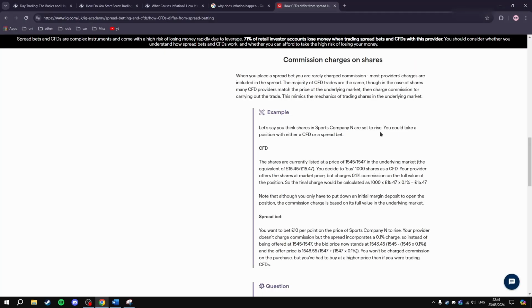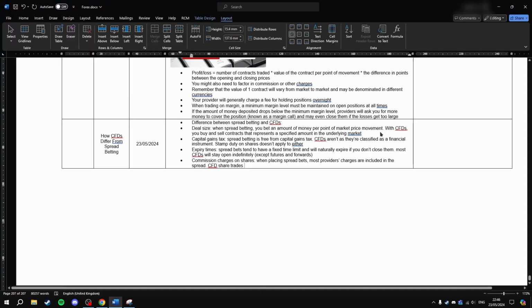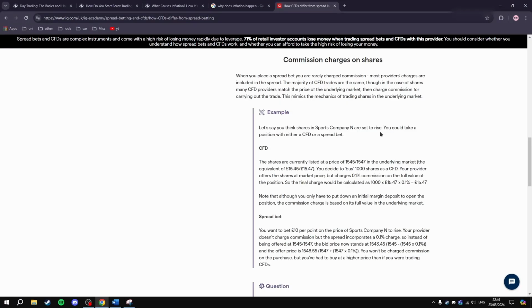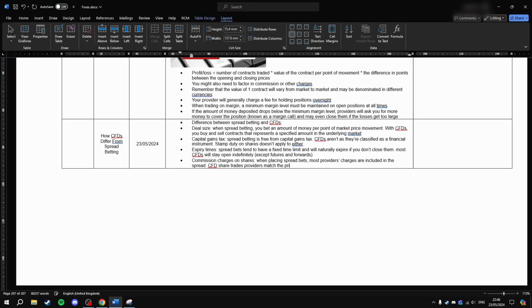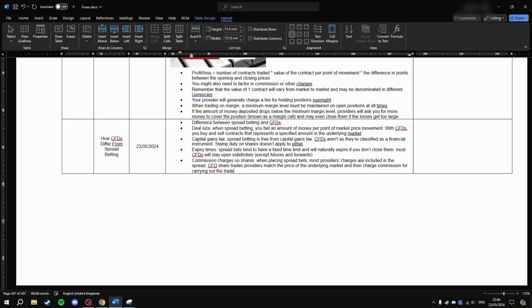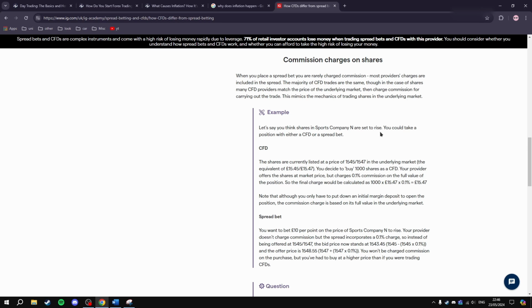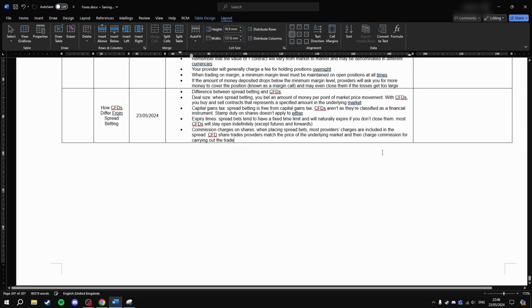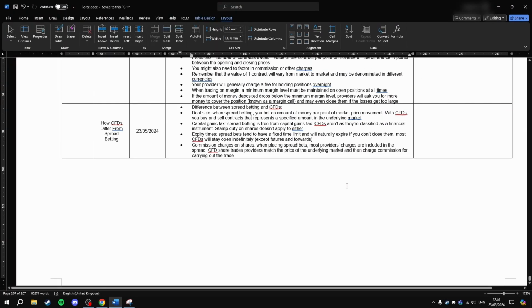Share trades, providers match the price of the underlying market and then charge commission for carrying out the trade. So basically the same concept, except one charge is hidden, buried in a spread, whereas the other one is out in the open basically.